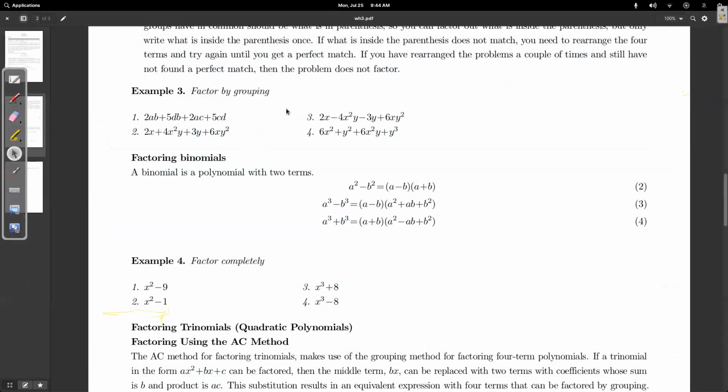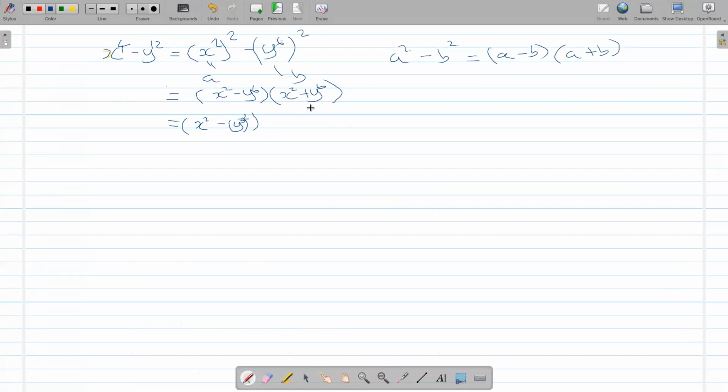If you look here, there is no sum of squares formula, only the difference of squares. So this one I don't have anything, because this is a square. I cannot break it down, so I write it like this.